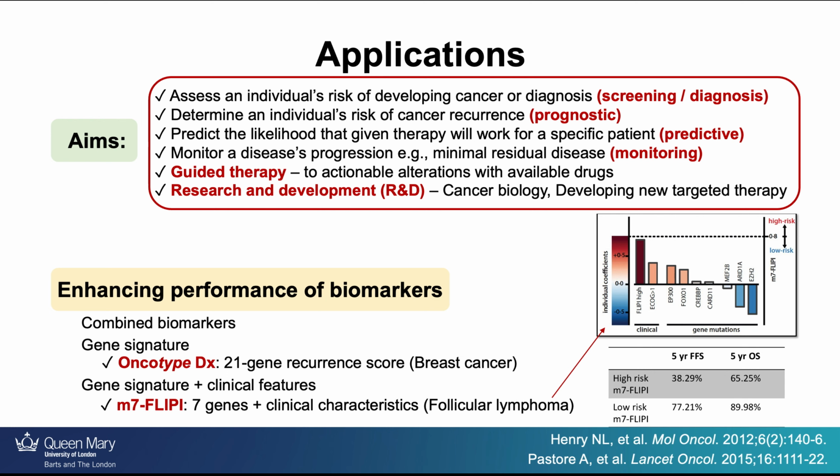Furthermore, using a gene signature combined with clinical characteristics also shows good performance as a prognostic biomarker. For example, M7-FLIPI in follicular lymphoma patients requires 7 genes with critical features to determine tumor behavior and overall survival of patients more precisely than the conventional FLIPI score.